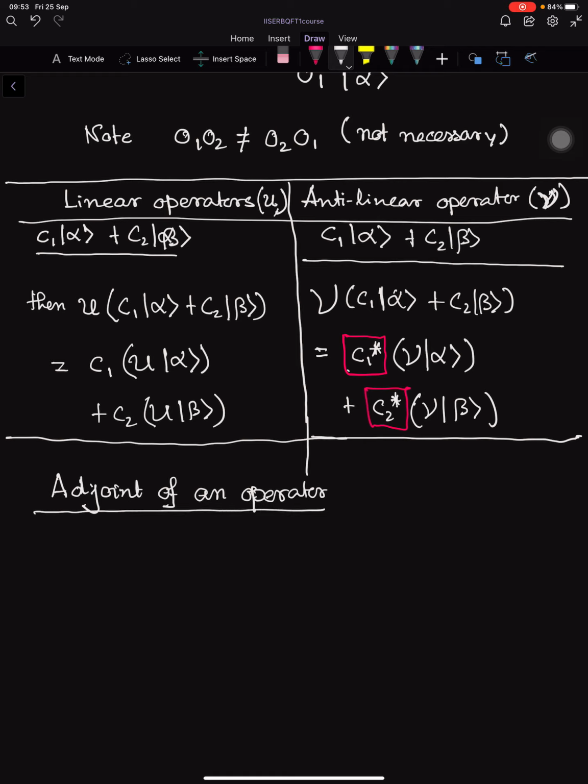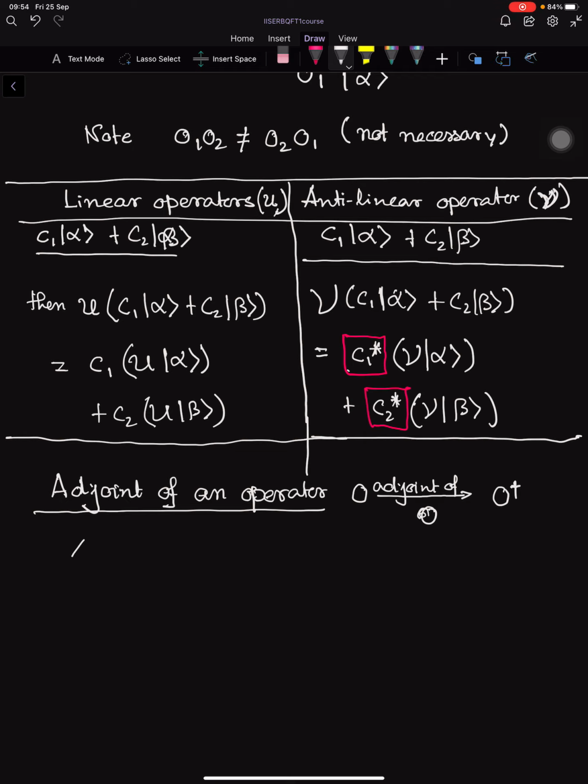Given O, we denote the adjoint of O as O dagger.